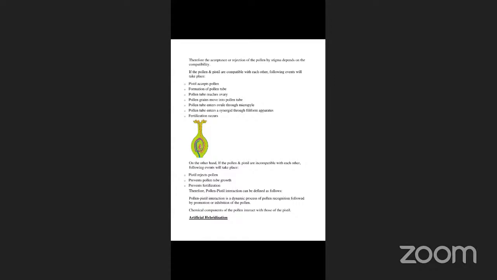All these are parts of the stigma surface. This is the stigma development.